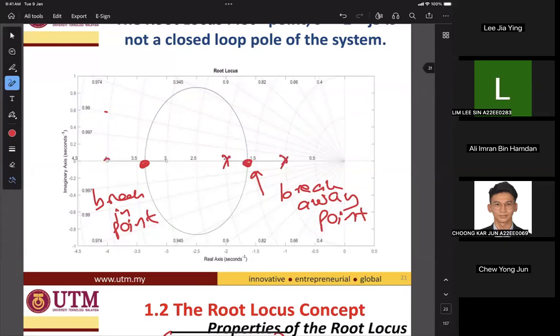Break-in is between two zeros, am I right? That is one difference that I can spot. Then the direction of the breakaway point is going out, and the direction of the break-in point is going in. Am I right? Yes.